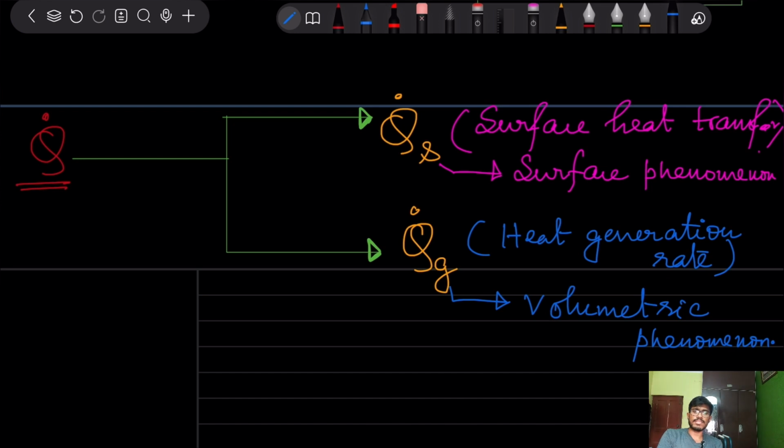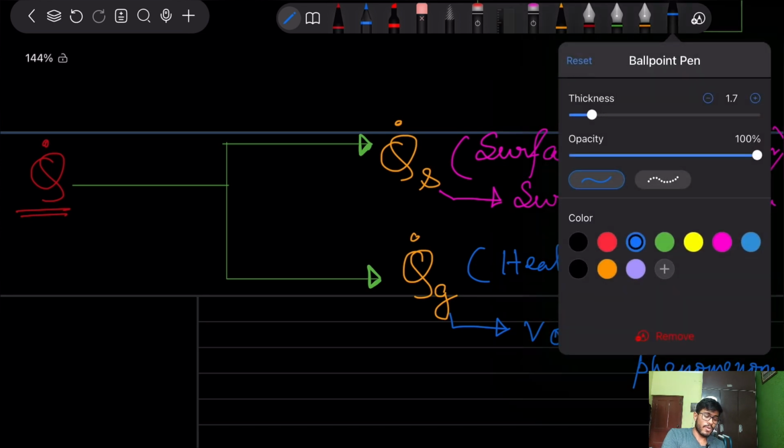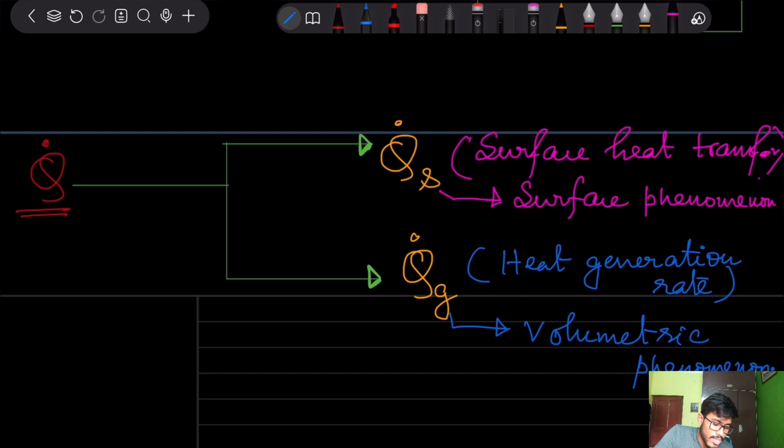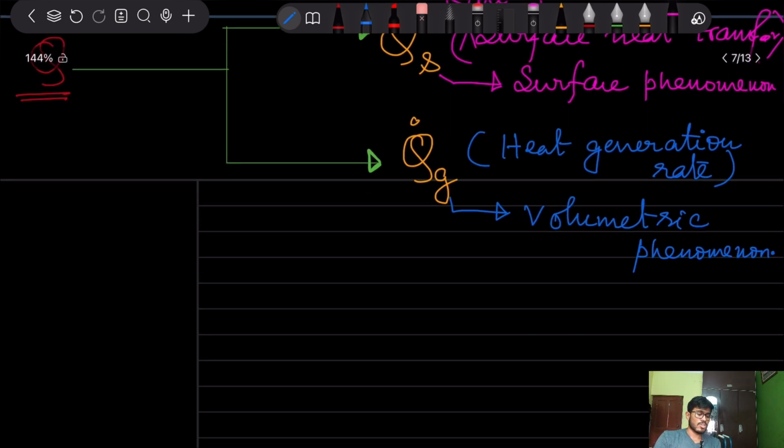That is, q dot s is only happening on the surface, while q dot g is happening all over the volume. And this is actually the rate of surface heat transfer, because it is q dot s, meaning dqs by dt. Writing it otherwise is incorrect terminology.